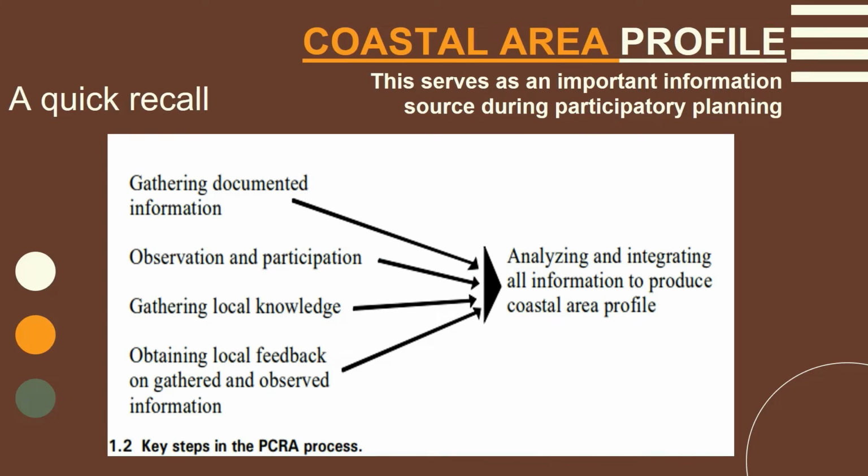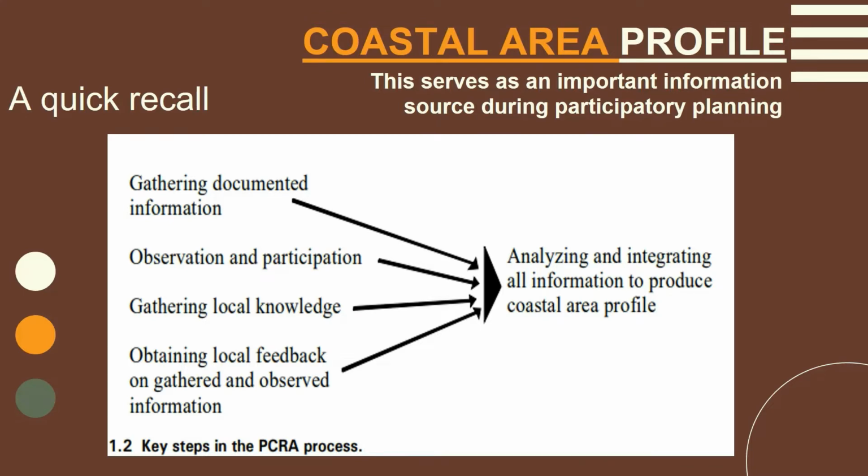As a quick recall, in Chapter 1, in the introductory part, PCRA is a multifaceted process, as you could see in the image diagram. It has 5 interrelated components. First, gathering of documented information. Second, direct observation and participation in assessing the local coastal resource system.